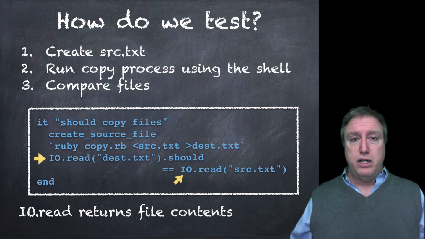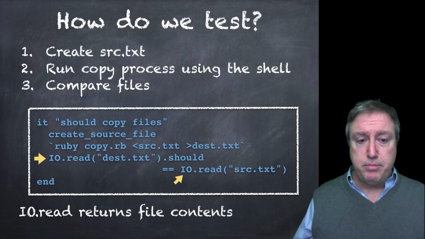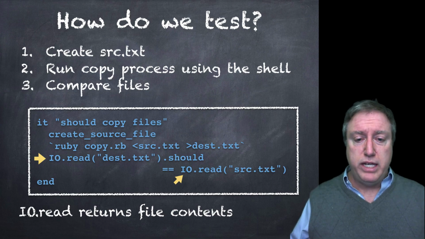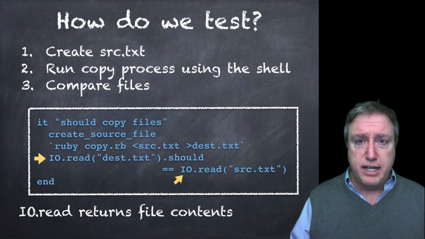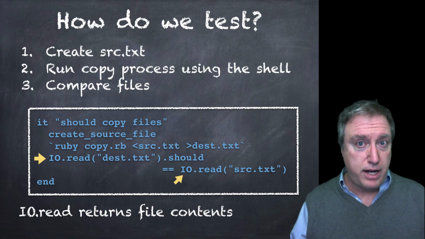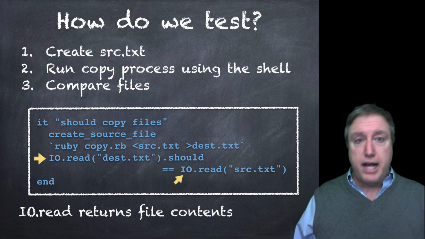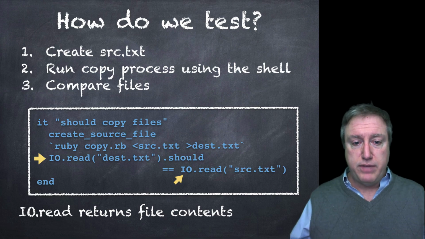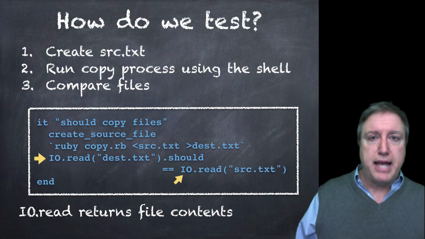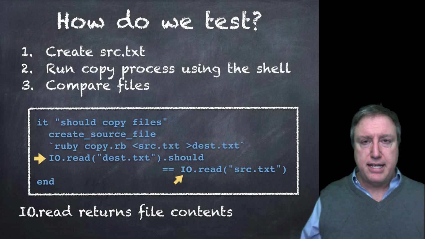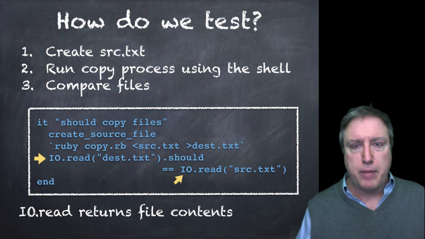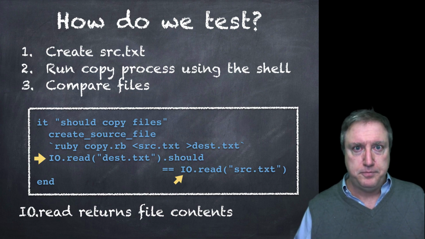So our assertion simply says that when we look at the contents of the dst.txt file, they should be equal to the contents of the source file. And if that's true, then the test passes. And when we can get this test to pass, then we know we've written the copy file correctly.